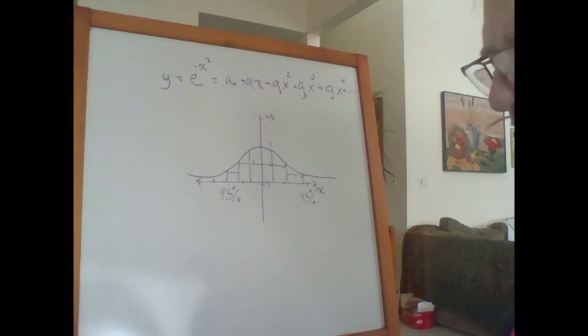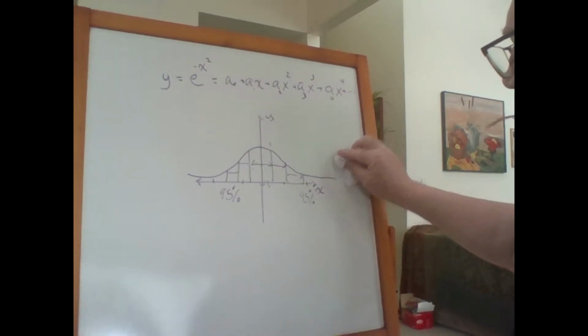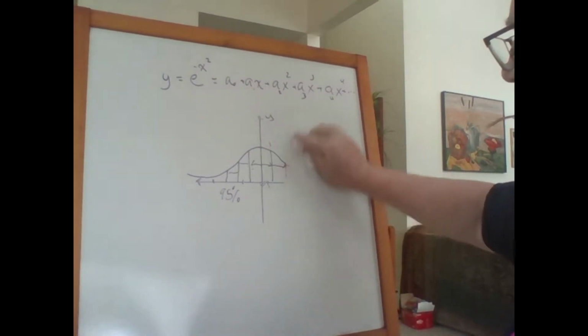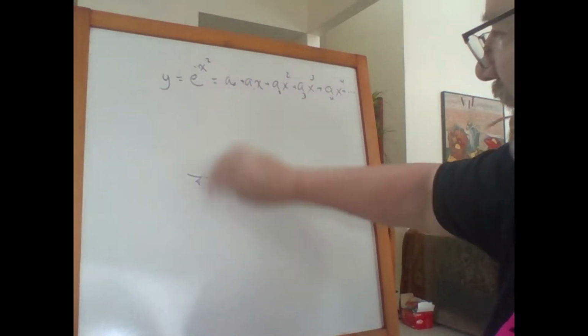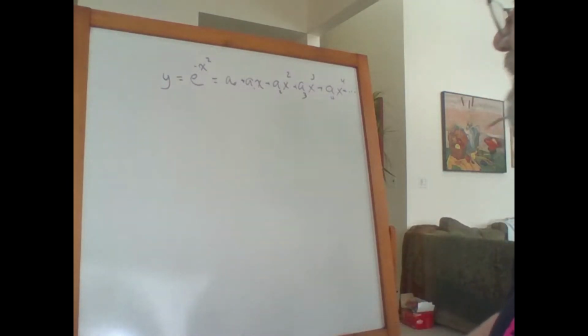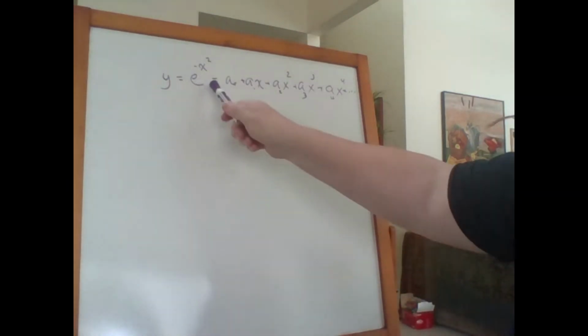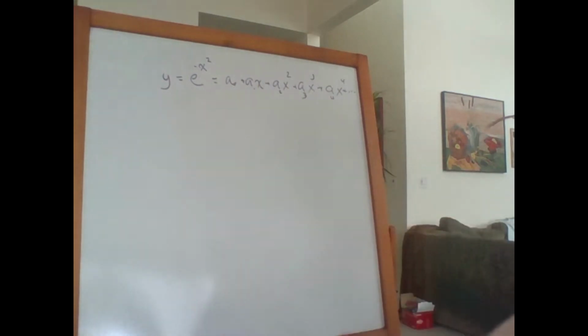There are many functions, polynomials, many trigonometric and other types of functions that you can integrate, but you're not able to integrate the Gaussian function. So how people do it is by finding the infinite series equivalent of this function.